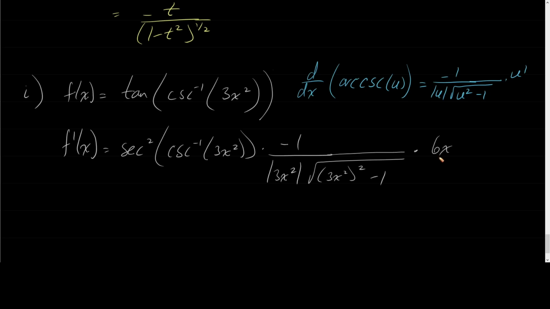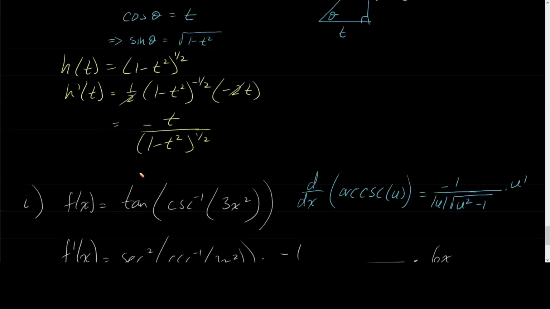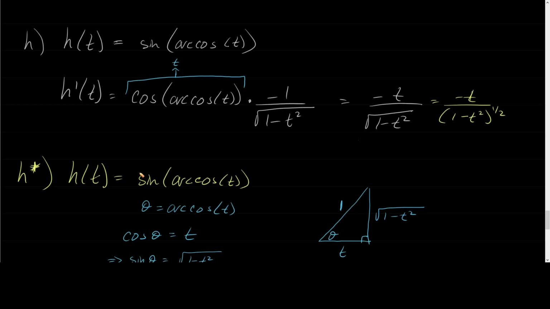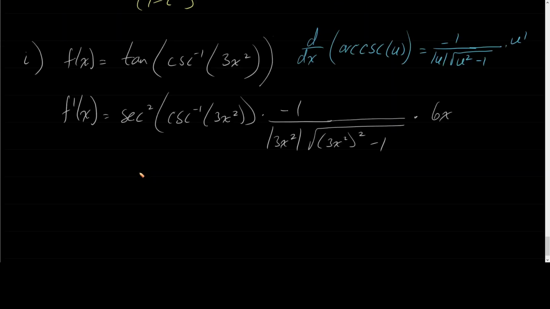All right. Now, notice that in this one, this part doesn't cancel out as easily as the previous example did, right? So the question is, what do we do with that? Well, in here, we'd be forced to come up with those triangles again anyway, like the triangle that this piece implies. So if I say theta is equal to cosecant inverse of 3x squared, that tells me that cosecant theta is equal to 3x squared. Now, why do I care about that?